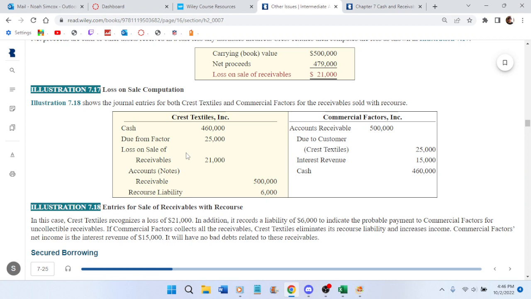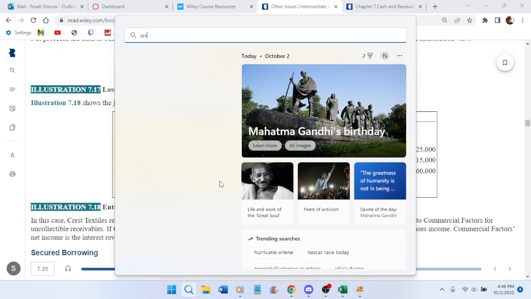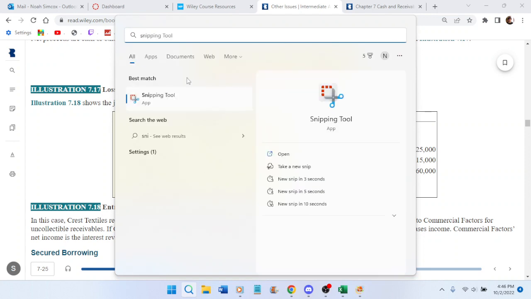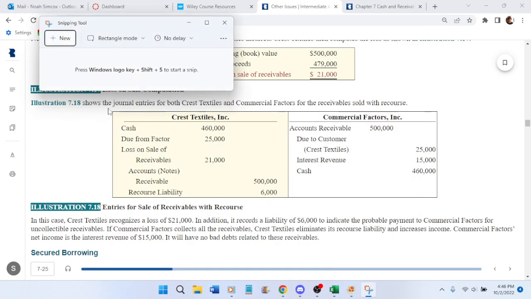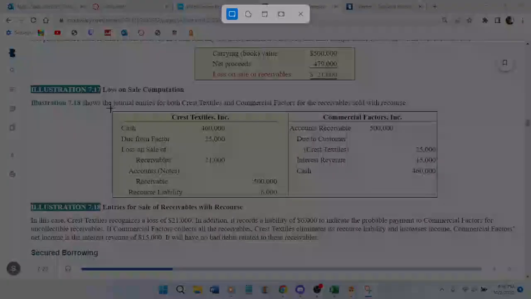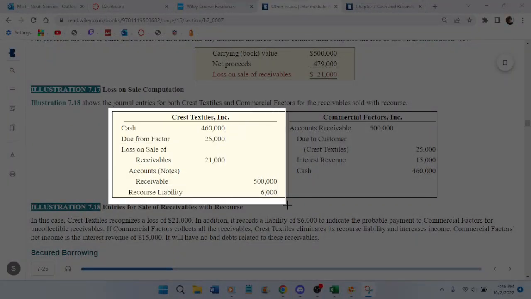Unfortunately, we can't use it for our test because it's not open book or open notes. I wish it was open notes. Basically, I need to do this simply because I don't remember exactly how to do this.